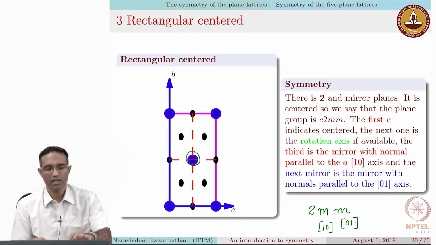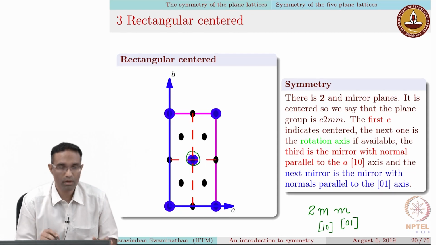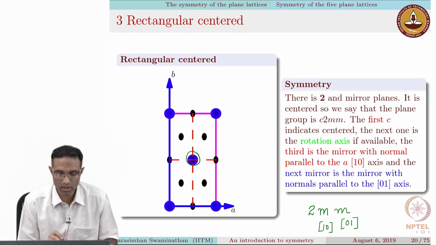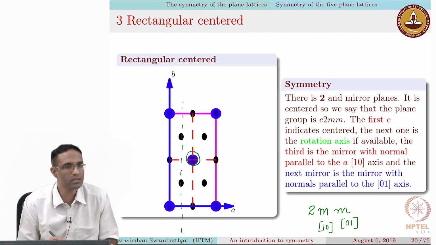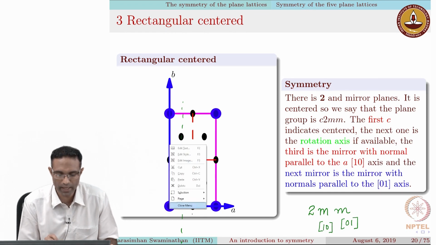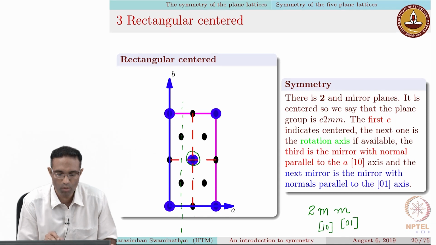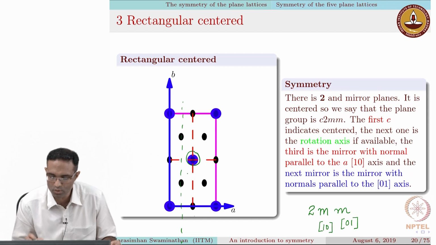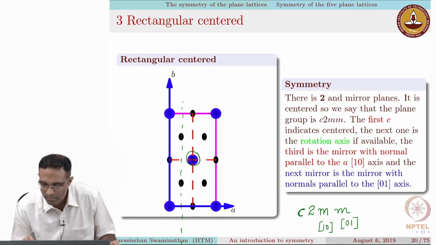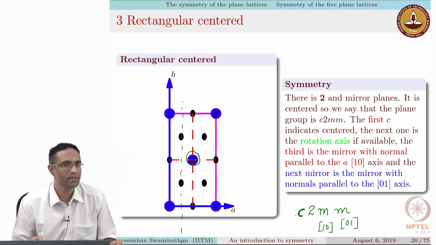That means you can think about a mirror that's here, this lattice point being reflected about this mirror and being moved half the lattice distance. So this is actually a special glide plane, but it is moved exactly to the center, so we call it a centered lattice and we put a C there.